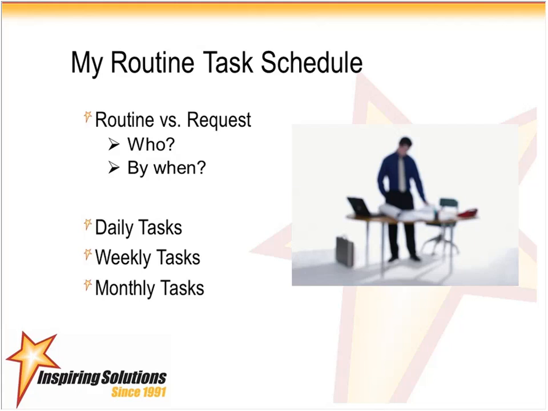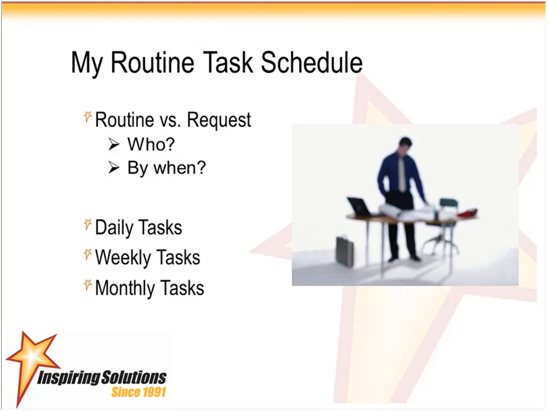Maybe it's something that you have to have done by the first of the month. I have a tickler file for my bills, and in each of the tickler sections I have my records, so I know when a particular professional, business, or personal bill is due.